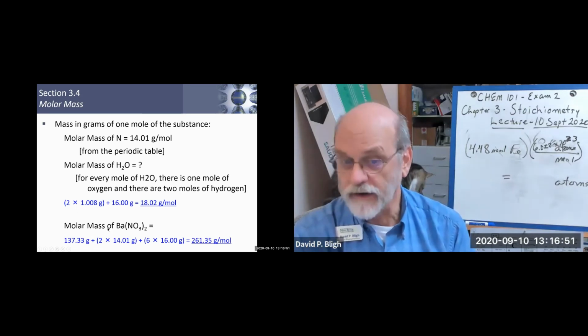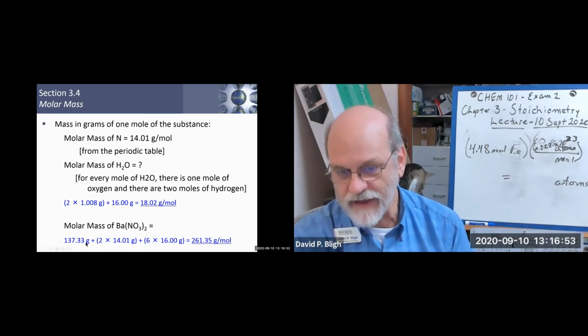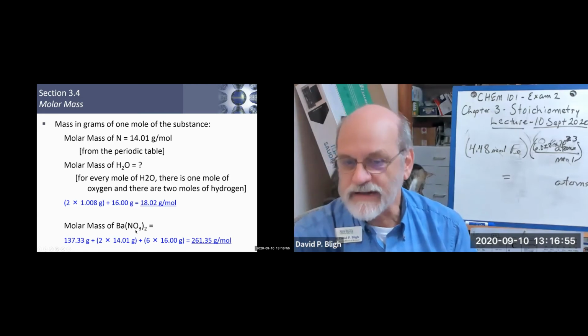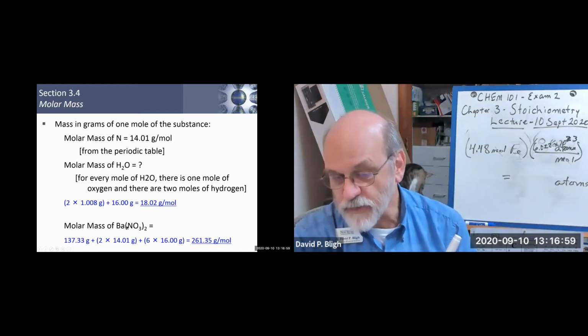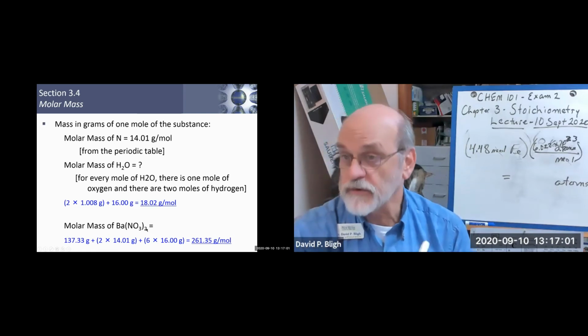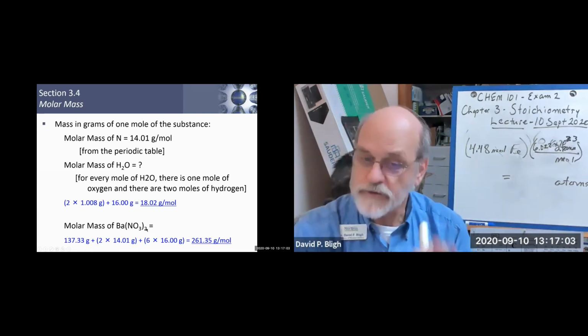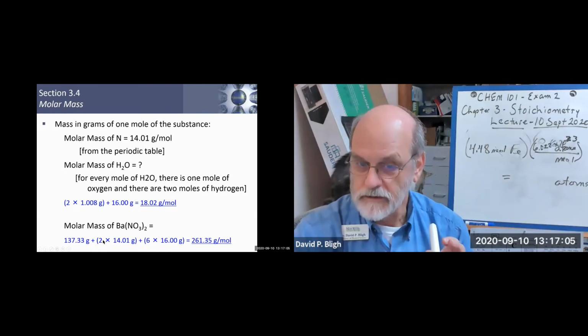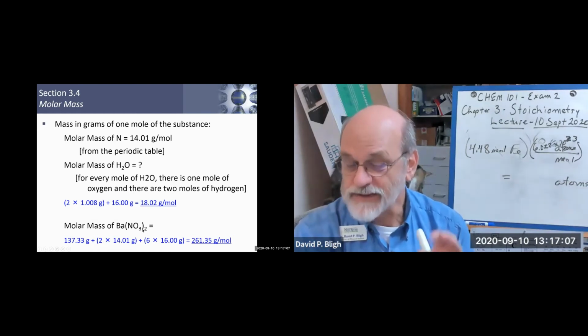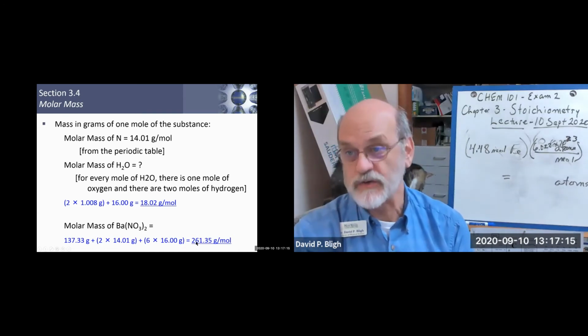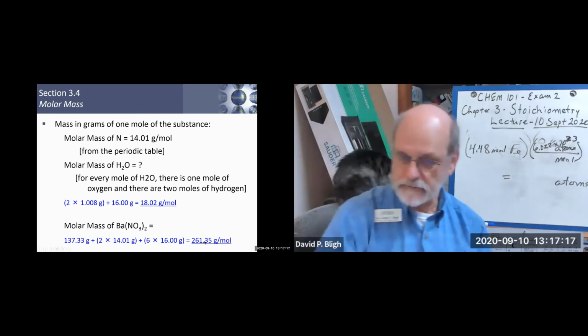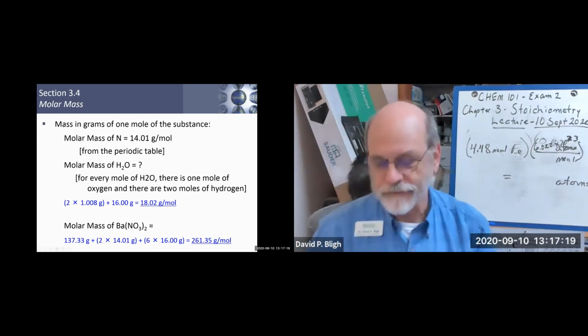Well, there's just 1. So there's the barium molar mass. How many nitrogens do you have? Well, nitrate is inside the parentheses with a subscript of 2. So you have 2 nitrogens. And you have 6 oxygens. 2 times 3 is 6. Then you can add that up, and this is the molar mass of barium nitrate. All right?